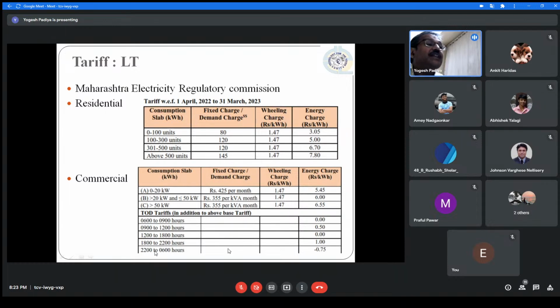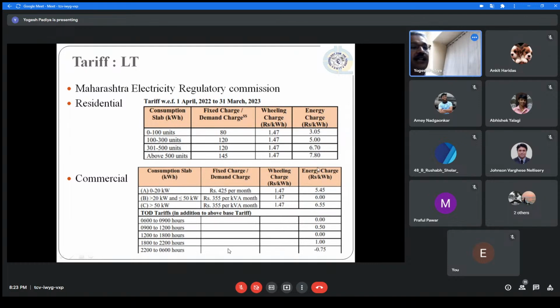But if you are using electricity during night time, when everybody's lights and fans are off and the load is mostly off, the power plant has less consumption. So they say that if you use electricity during this time, the rates will be less by 0.75 than the normal tariff.